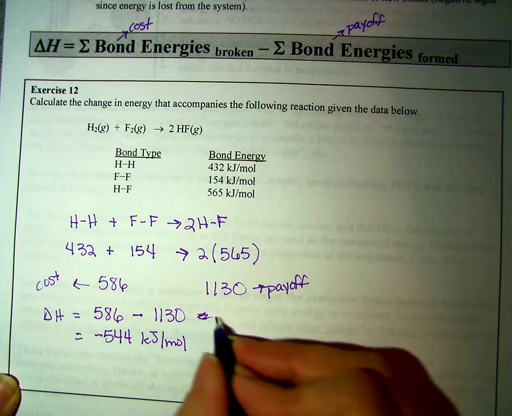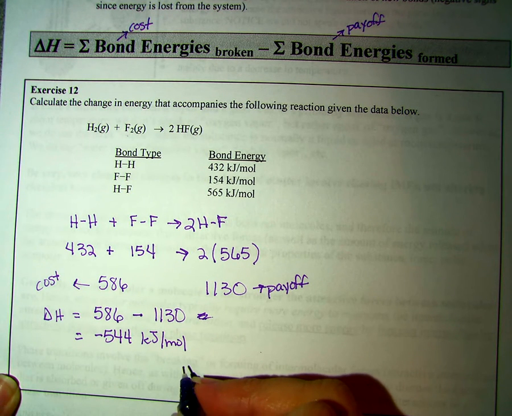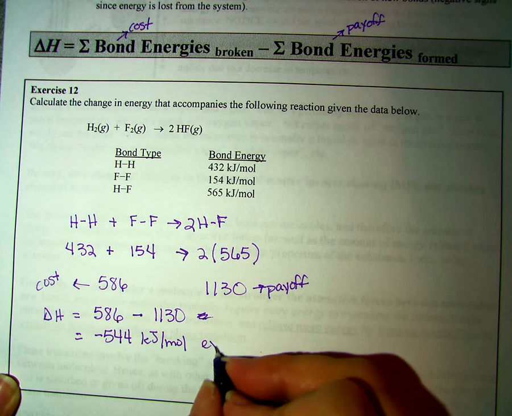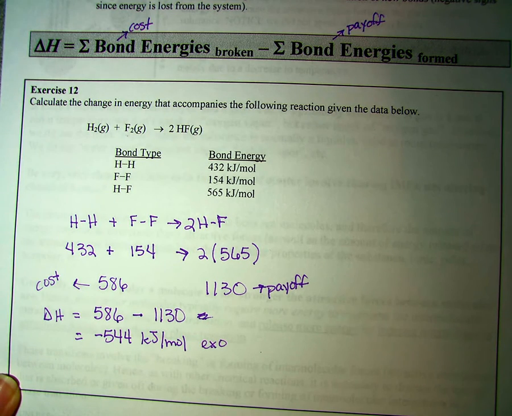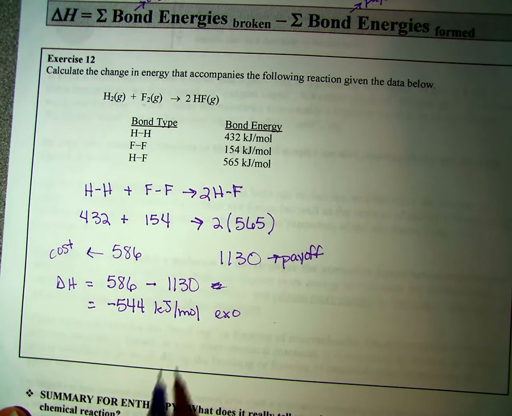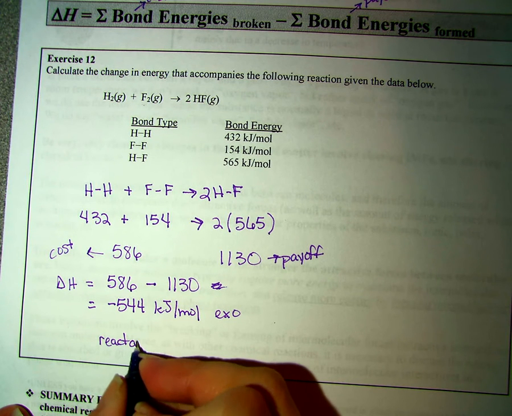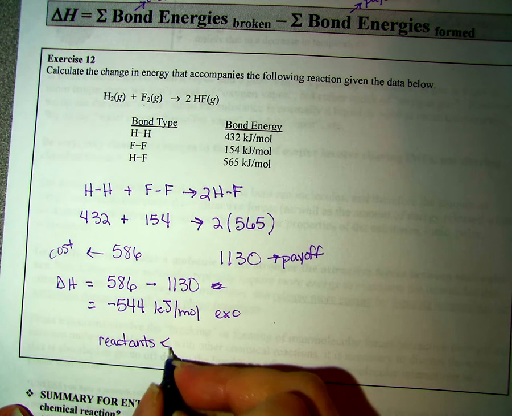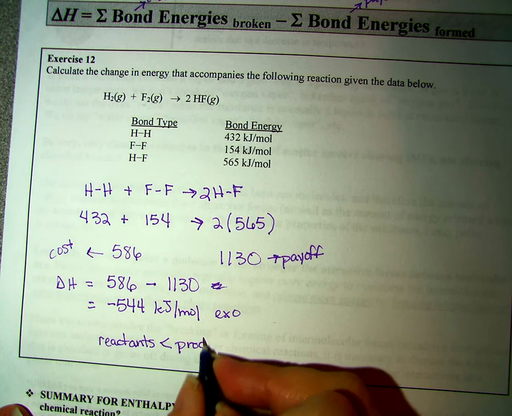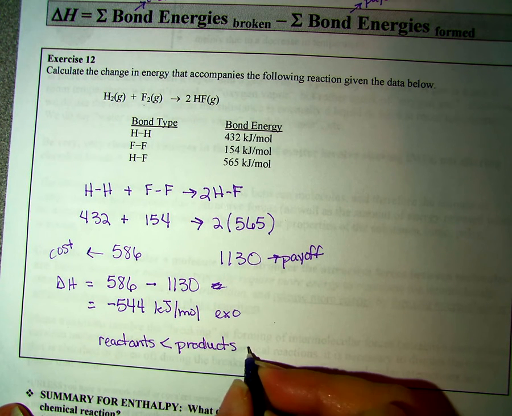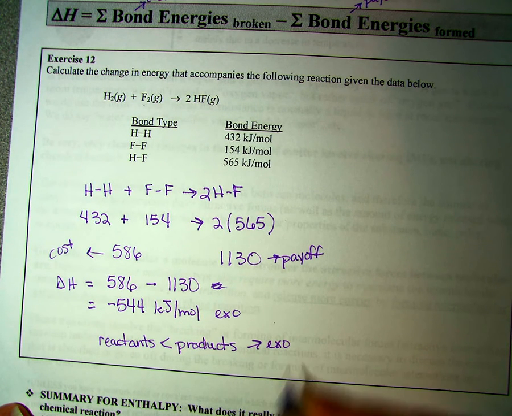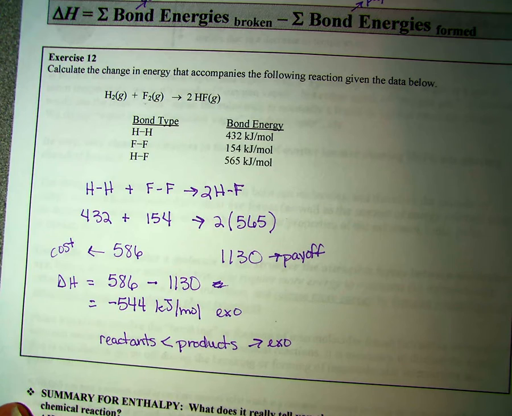All right, so that's a negative, exothermic reaction. And the way you can think about it is, if your reactant's energy is less than your product's energy, then that's an exo. And then the reverse would also be true.